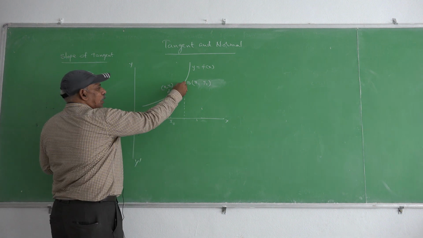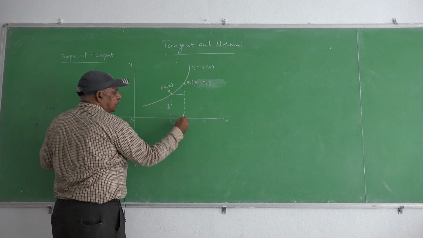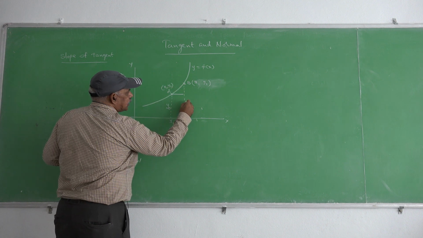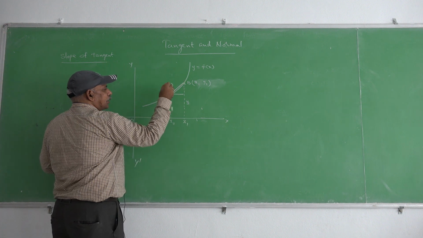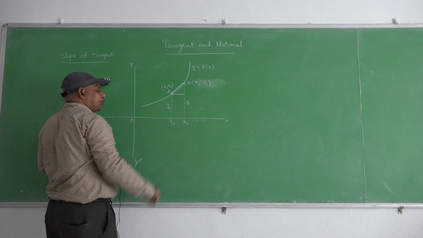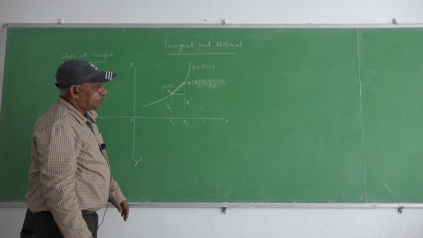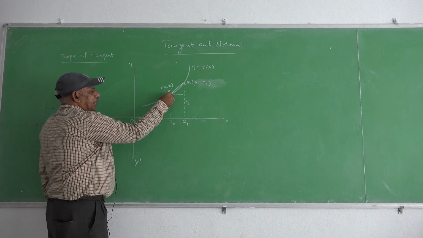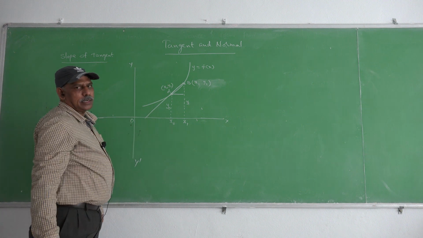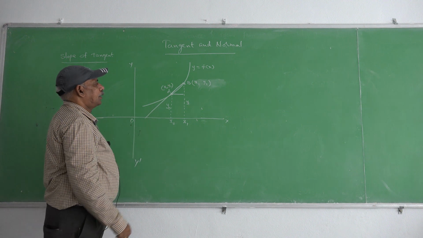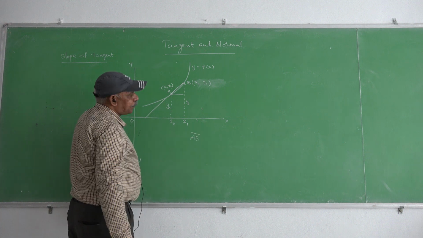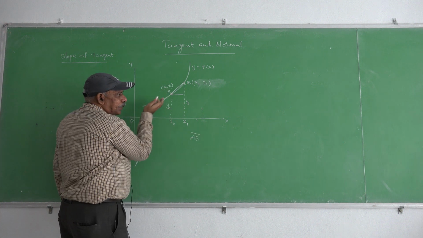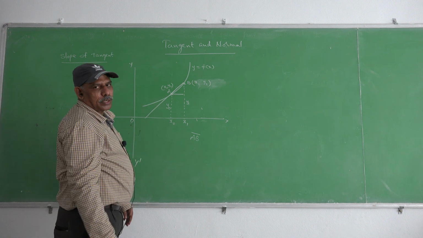Now, once you join these, so that this is x1 and this is y1, once you join the points on the curve AB and extend it like this, the line segment AB becomes the chord of the curve.